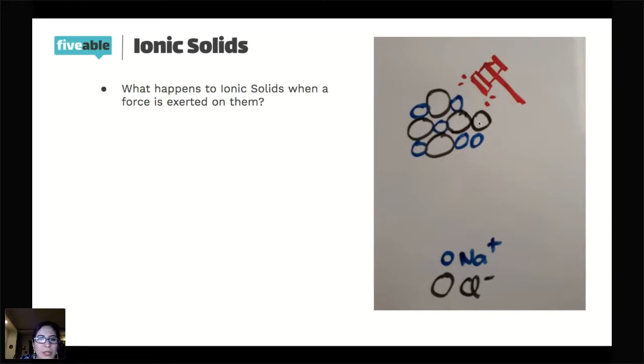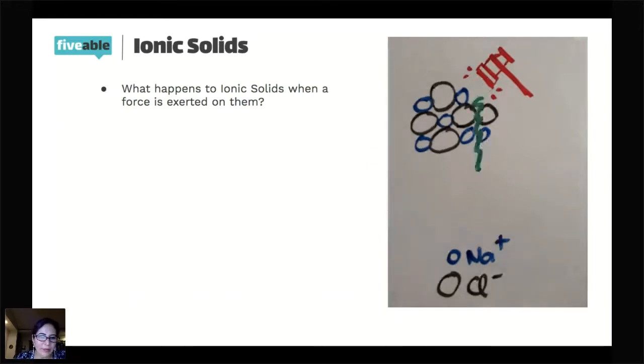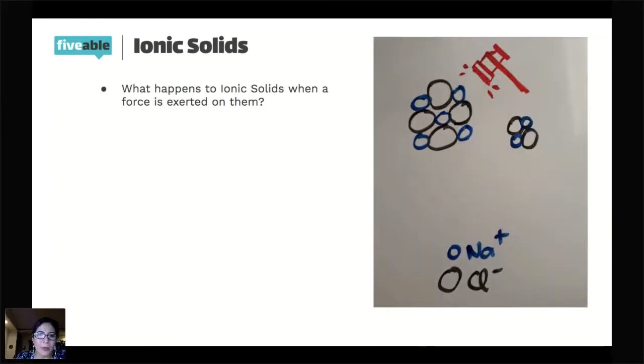What happens to two things that have the same charge? Will they repel or attract? Exactly, same charge will repel. So then they will have a repulsion at that point, and it will break apart.